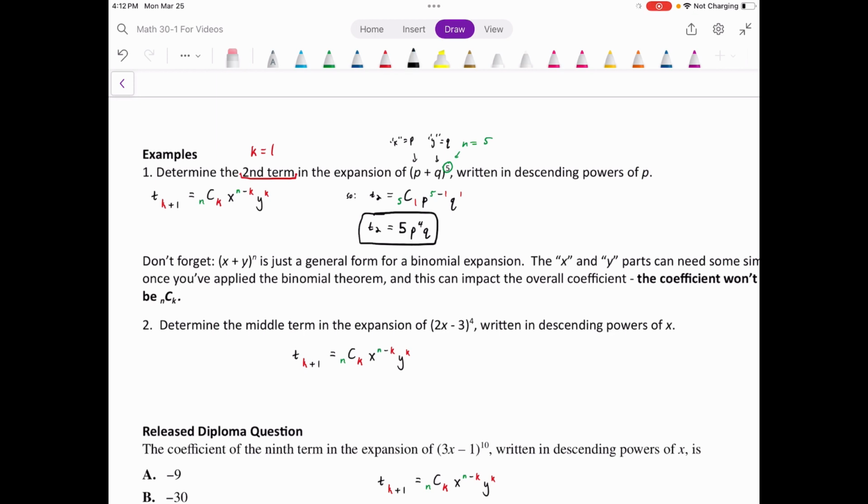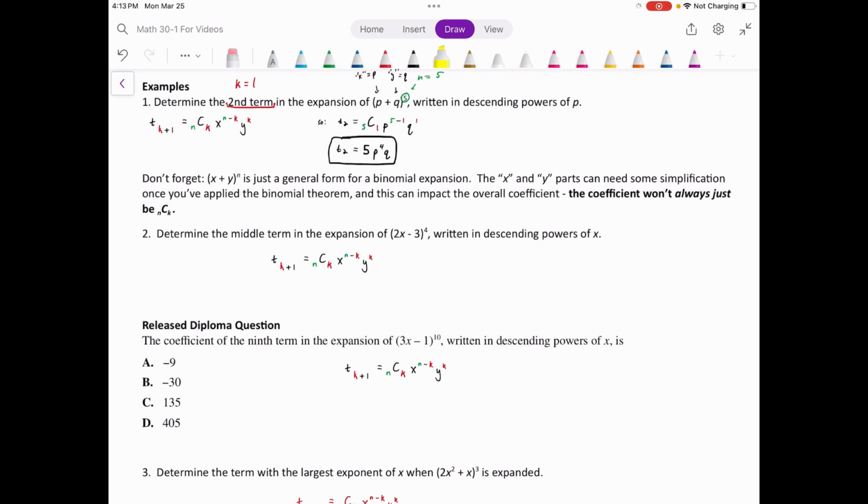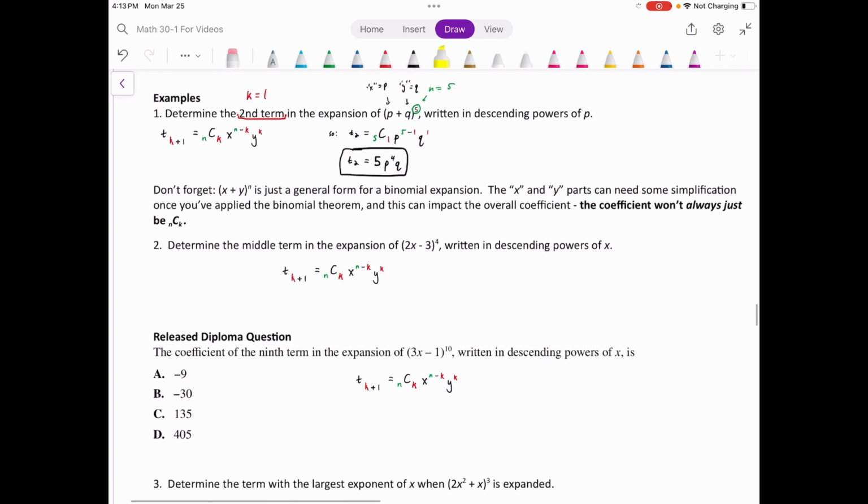Pretty cool. Now, I've referred to this a few times, but let's see it actually matter in this one. Don't forget, (x plus y) to the power of n is just a general form for a binomial expansion. The x and y parts can be other things besides just x and y. Here they were p and q, but looking ahead a bit, 2x could be our x, the first term in our binomial, or even a negative 3 could be the second term.